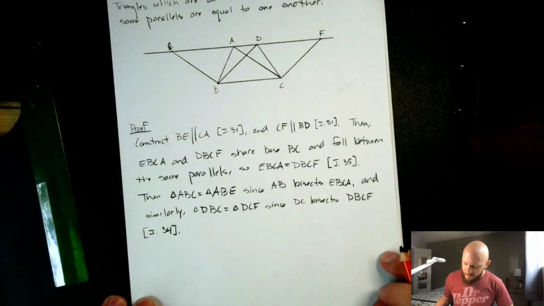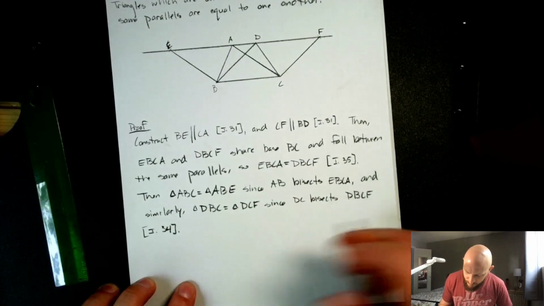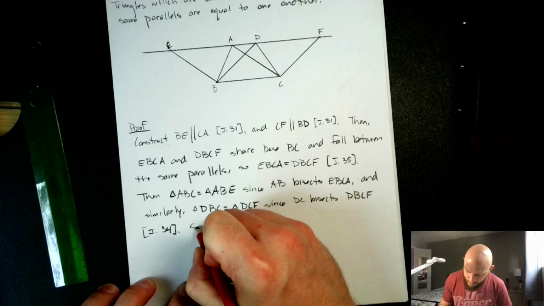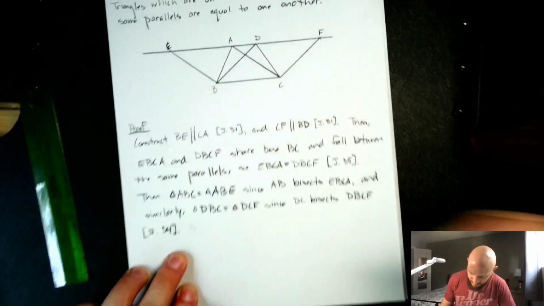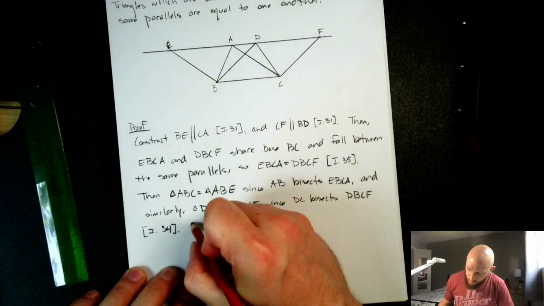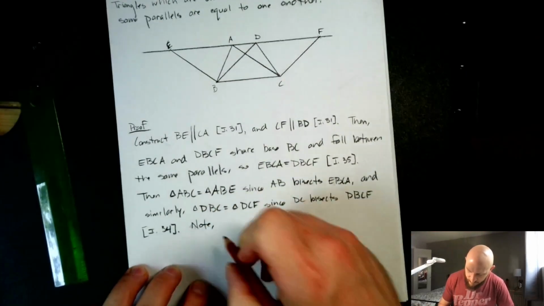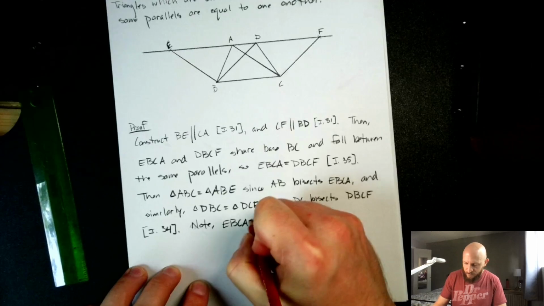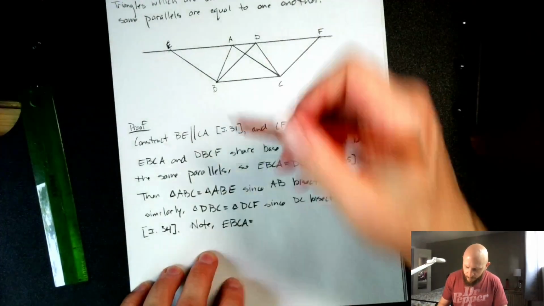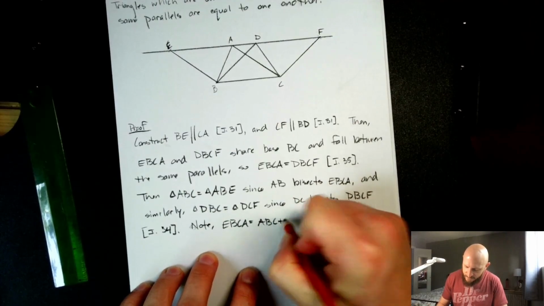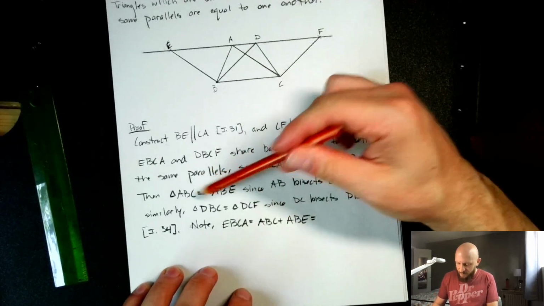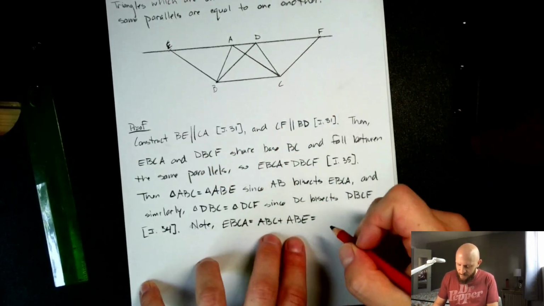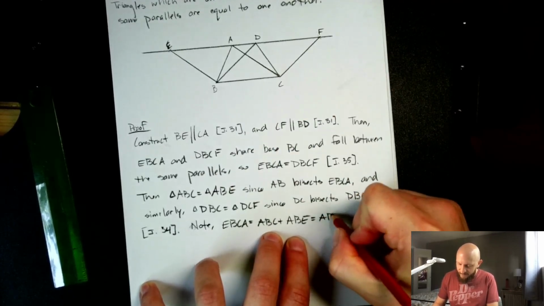So I might say, note that EBCA is equal to ABC plus ABE, but we know that ABC is equal to ABE, so this is really ABC plus itself.